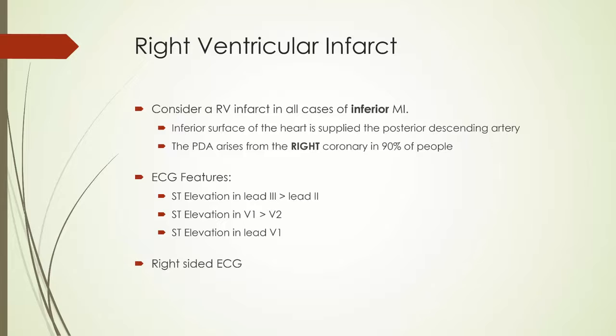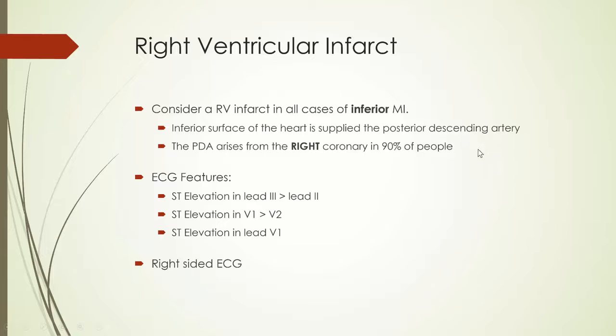So the signs to look out for, as we've already been through, but we should also mention that anyone having an inferior STEMI, you should suspect them of having right ventricular involvement, and the reason for that is purely anatomical. The inferior surface of the heart is usually supplied by the posterior descending artery, and the posterior descending artery arises from the right coronary artery in 90% of people.